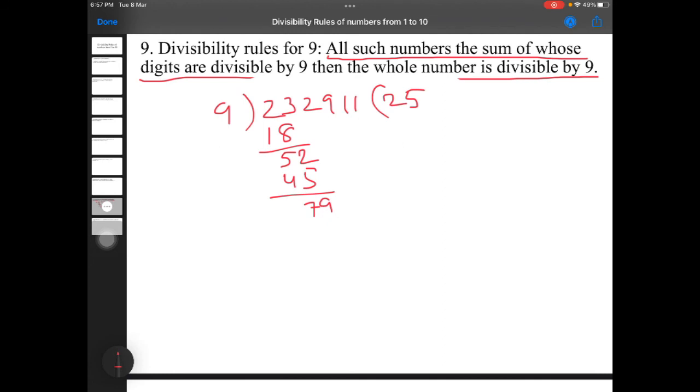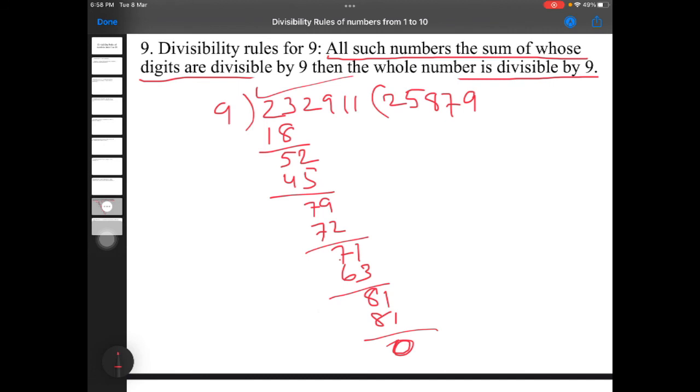So 9 will come down. Then here we'll go with 8, 8 will be 72. So 7 remaining. So 1 will come down. Then here we'll go with 7, will be 63. So 71 minus 63 will be 8. So 1 will come down. So here we'll go with 9, 81. So we can see here the remaining is 0. So this means this number can be divided by 9.